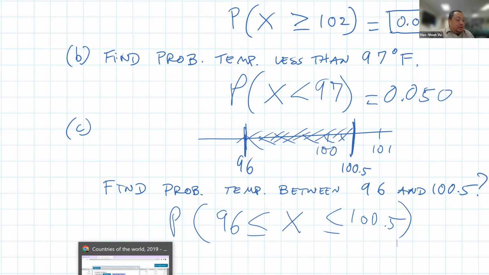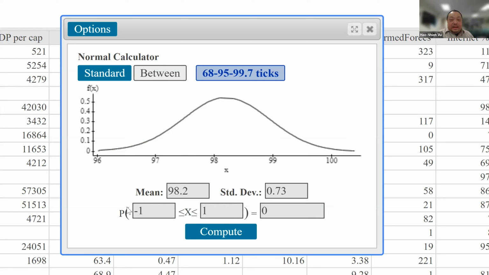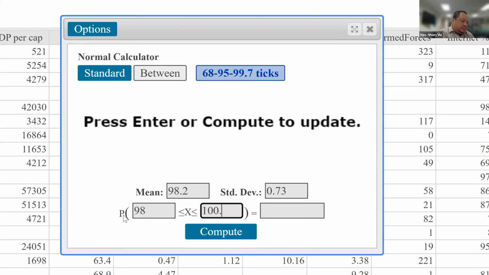So you can work at it and do some algebra, but how are we going to put x in between 96 and 100.5? Because it's not in here. Well, up here there's a word that says between, right? So when you need something between, you click on between. Then the input changes. Now you can just put in the numbers. And then you hit compute.